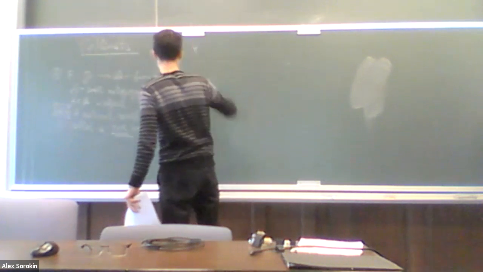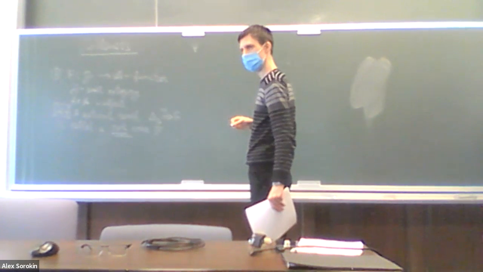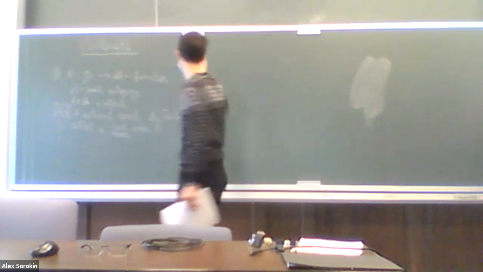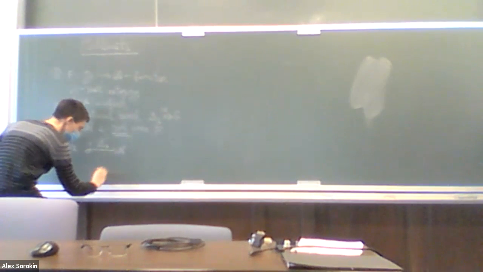When we unravel this definition, we'll see the following. Okay, before going to that, let's remind where delta sub A is a functor from category J to category A that factors through the trivial category.